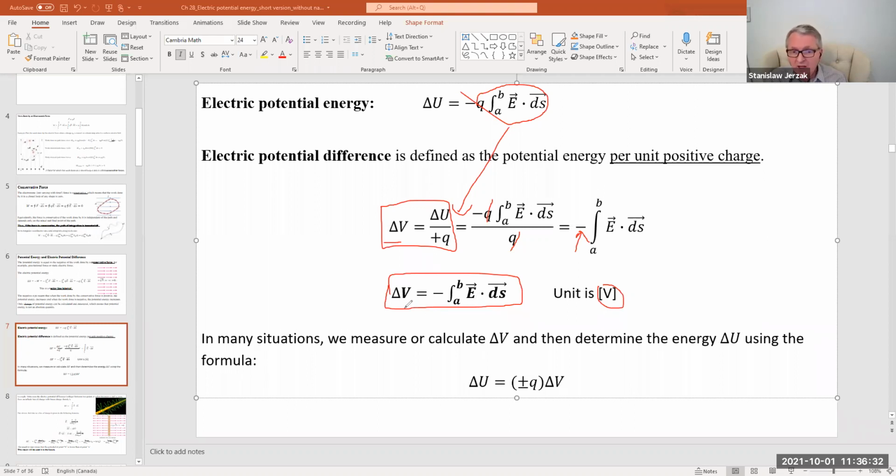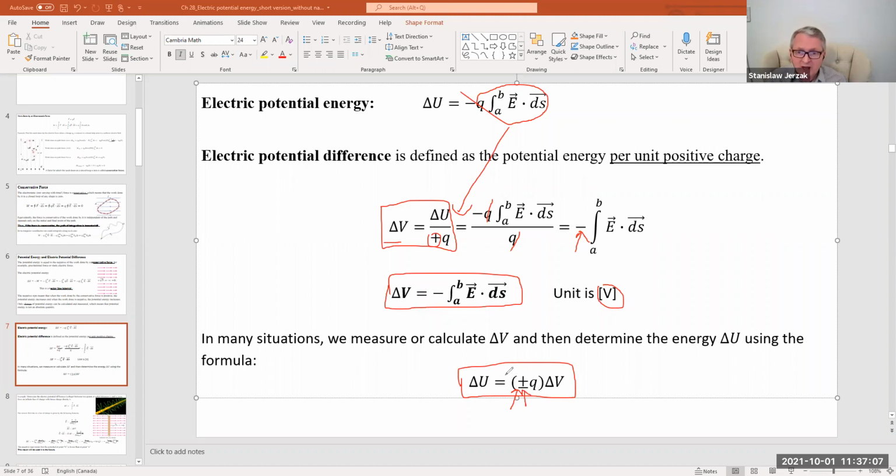Once you calculate the potential difference between two points A and B, then if necessary you can calculate the change of potential energy if the charge Q moves from point A to B, because delta U is then equal to Q times delta V. But remember, Q can be positive or negative, so we always have to take the sign of the charge into account, because delta V was defined for a positive charge. If Q is negative, we have to insert a negative sign.